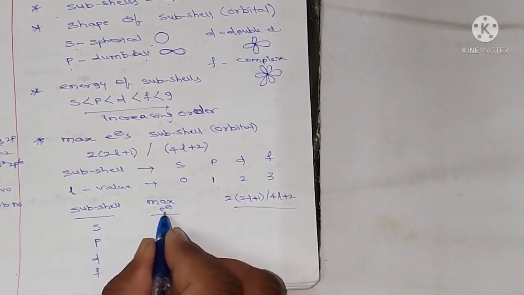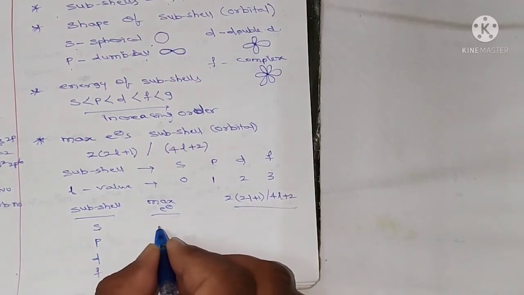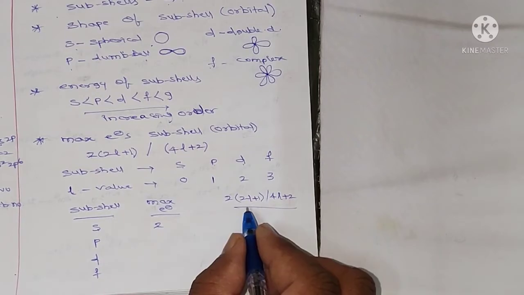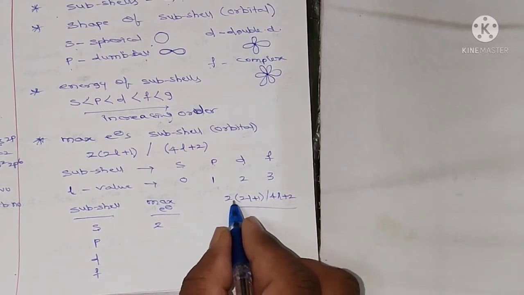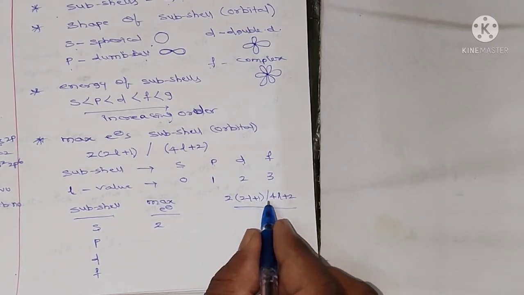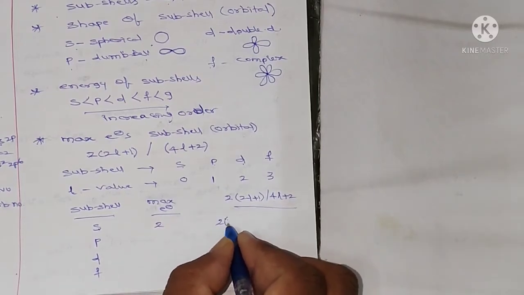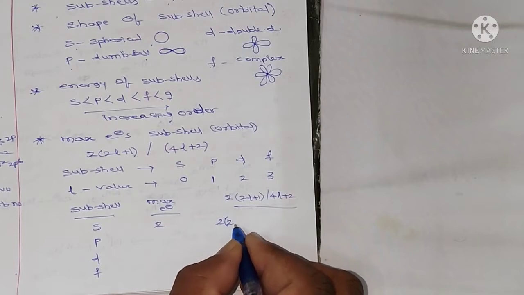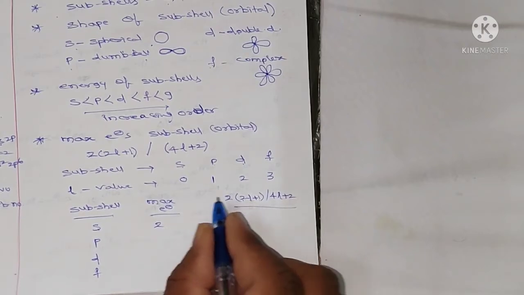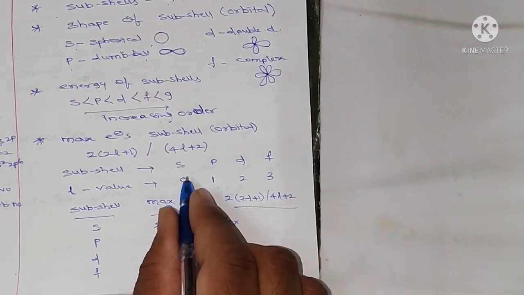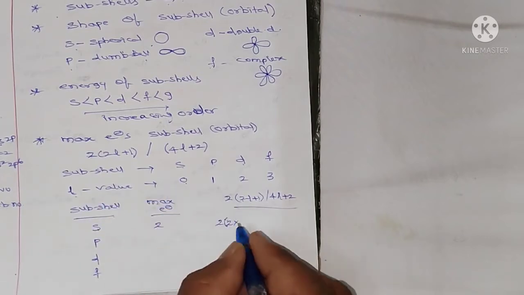The maximum number of electrons in the s orbital is 2, because of 2 into 2l plus 1 or 4l plus 2. The s orbital l value is 0.